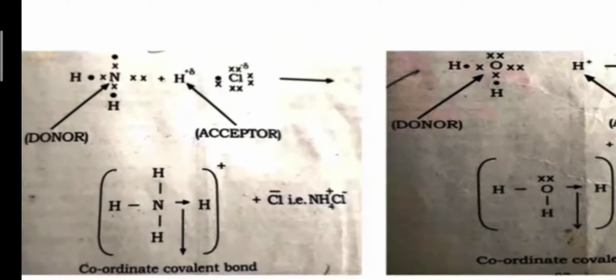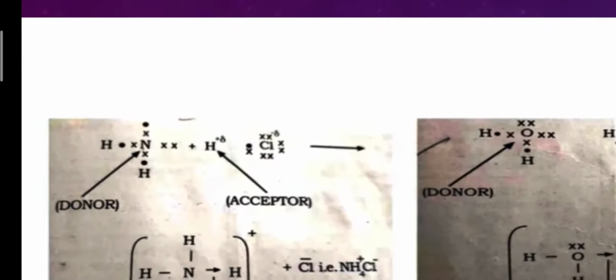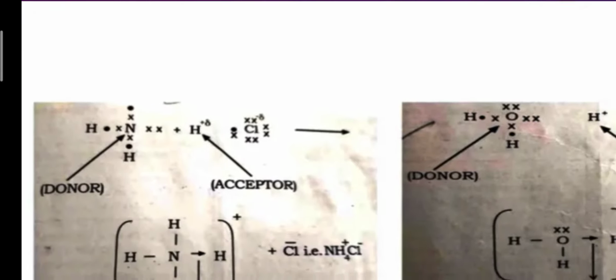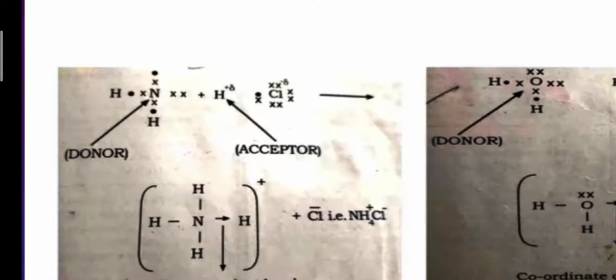In ammonia, nitrogen forms 3 covalent bonds with 3 hydrogen atoms. It has a lone pair. This lone pair forms coordinate covalent bond with this hydrogen.